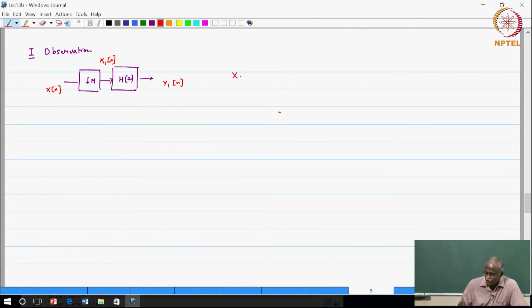Let us first write down x1 of z, that is the downsampled signal, 1 over m summation k equal to 0 through m minus 1 x of z power 1 over m w m k, okay, that we are comfortable with. Now x1 of n is filtered through h of z.